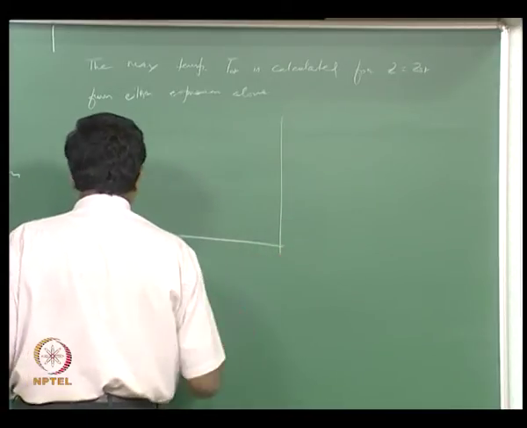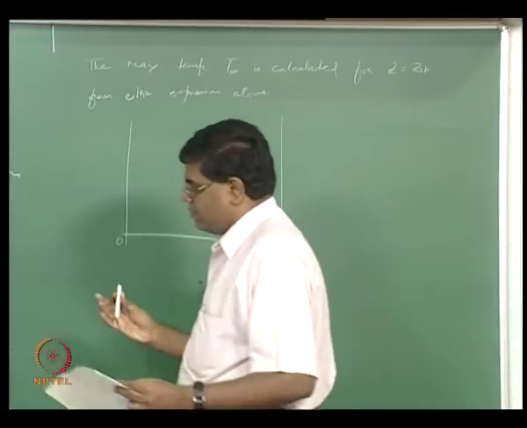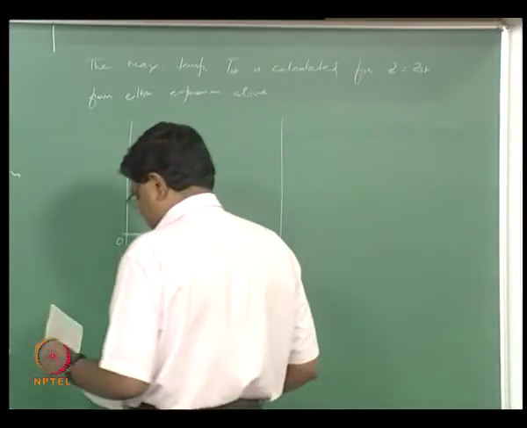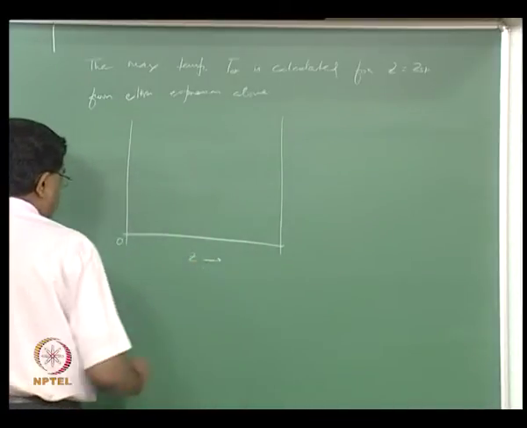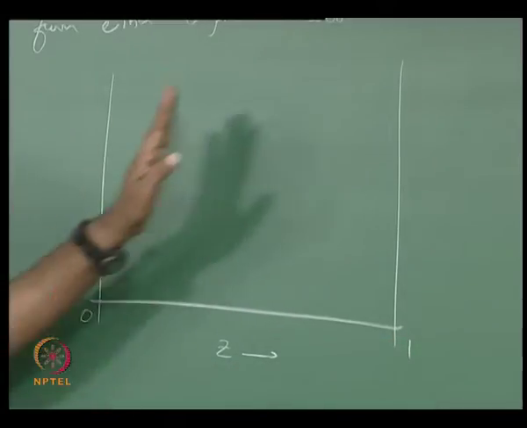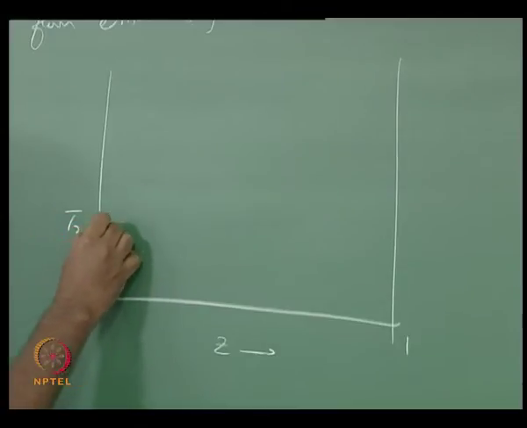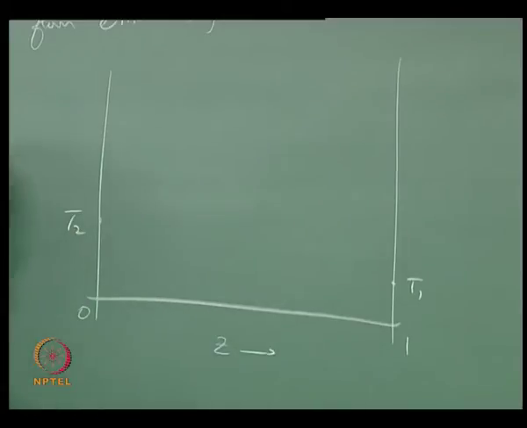We've been drawing these pictures every now and then, as and when we get a bunch of expressions in terms of Z, we try to plot them. So here, Z is plotted along the horizontal axis, going from 0 to 1, all oxidizer stream here and all fuel stream there, and let's say the oxidizer temperature is T2 and the fuel temperature is T1.